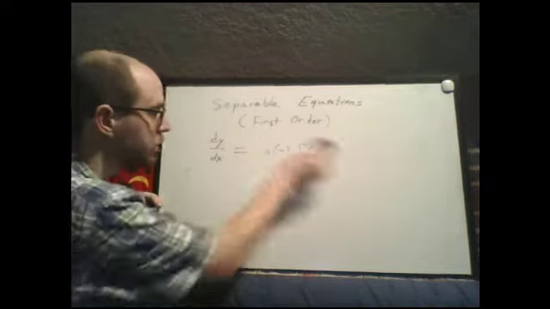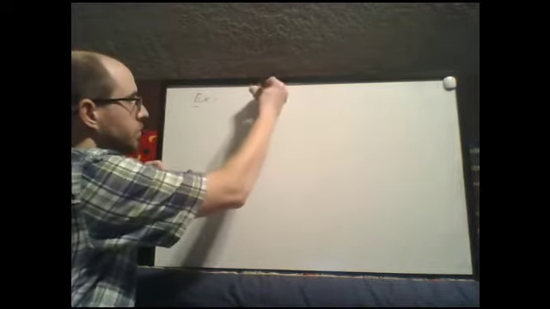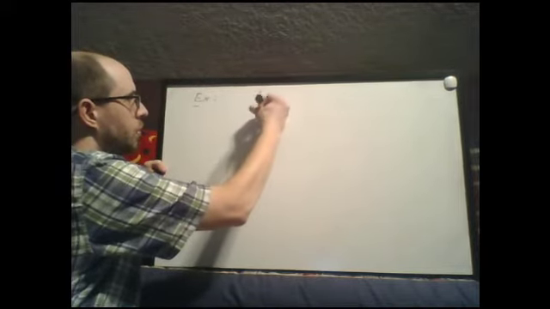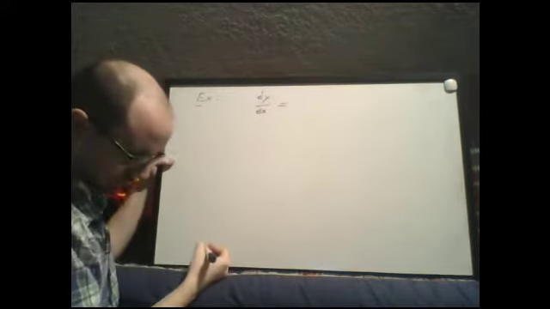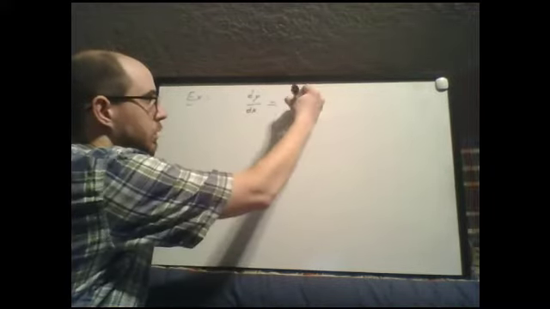All right, so let's do a specific example here. Let's find the general solution to the equation dy over dx equals y secant squared x.